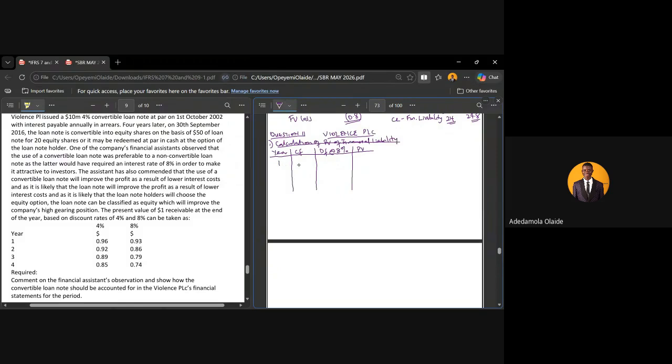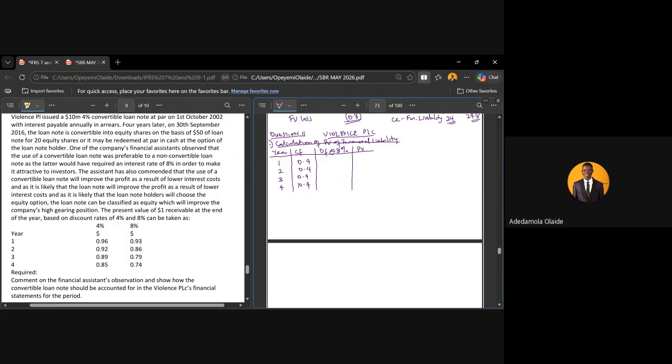So year one, the cash flow from the transaction would be the interest, which is 4% of that 10 million, and that will be 0.4 million. Year two, the same thing, 0.4 million. Year three, 0.4 million. Year four, it will now be the principal repayment of 10 million and the interest payment of 0.4 million. That makes it 10.4 million.